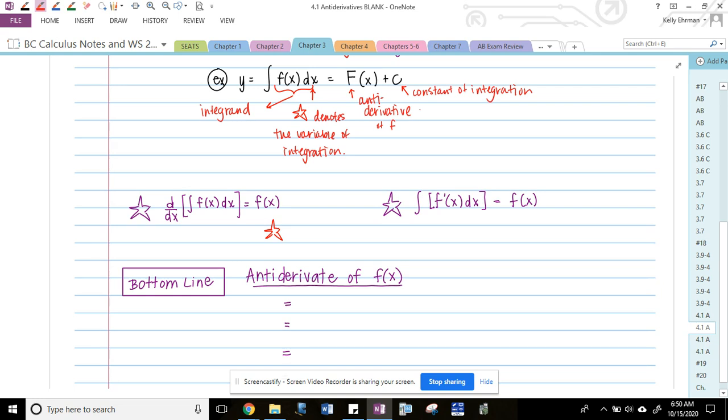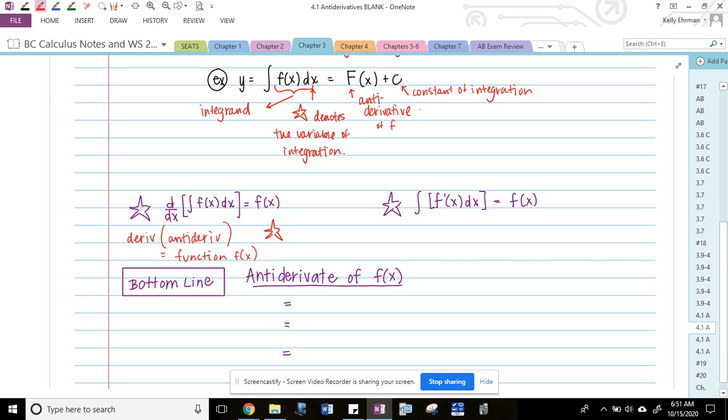So, okay, here's a property that looks more complicated than it is. If I take the derivative, which is the dx part, of the integral of something, if I take the derivative of the antiderivative of f of x, antiderivatives cancel out derivatives and vice versa, so I'm left with just f of x itself.